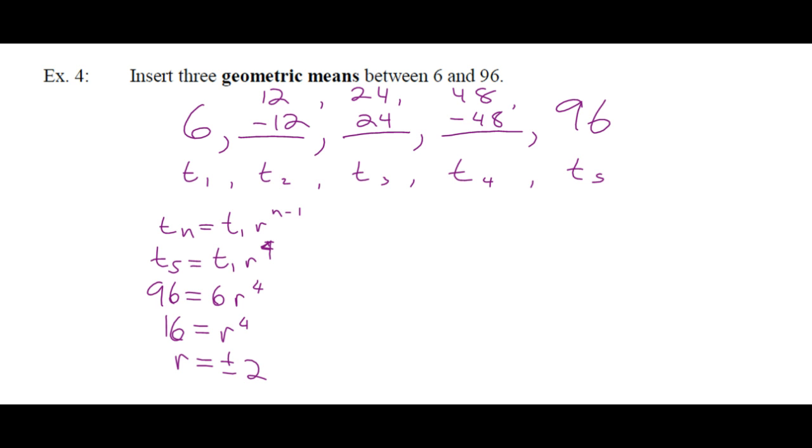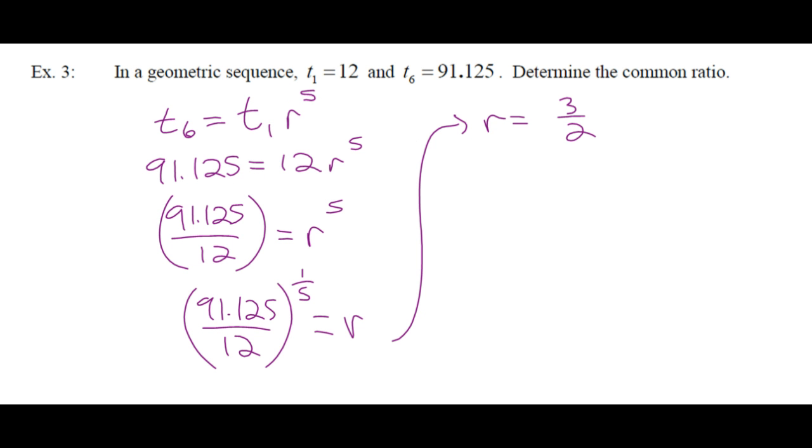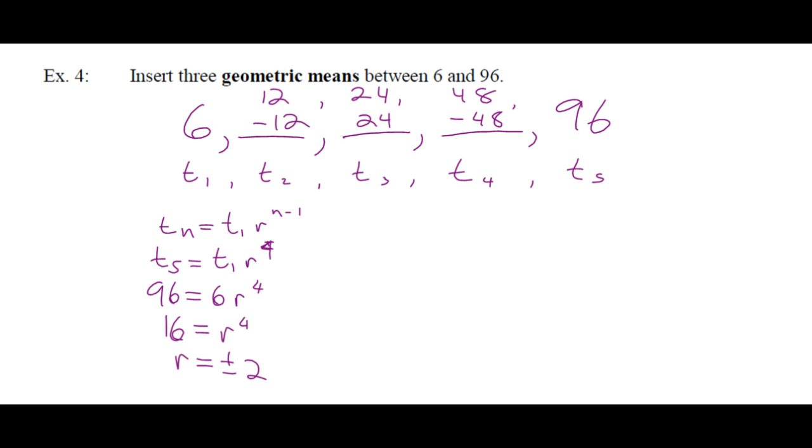Right? So if you think, the last question didn't ask us to, but it said determine the common ratio. If we had to do the terms, see, it's r to the fifth. A fifth root of a positive is positive. The fifth root of a negative is negative, right? So if this is an odd power, then there's only one possible sequence. But if it's an even power, in which case we're generating an odd number of terms, then we can start flipping terms, right?